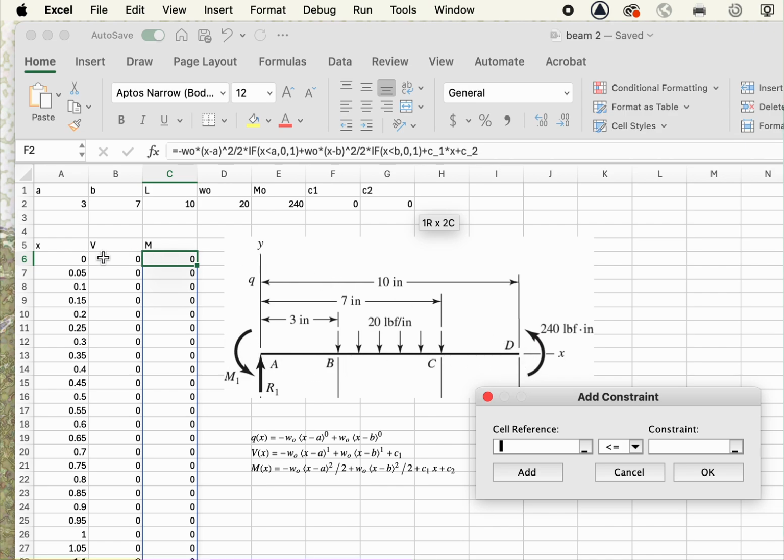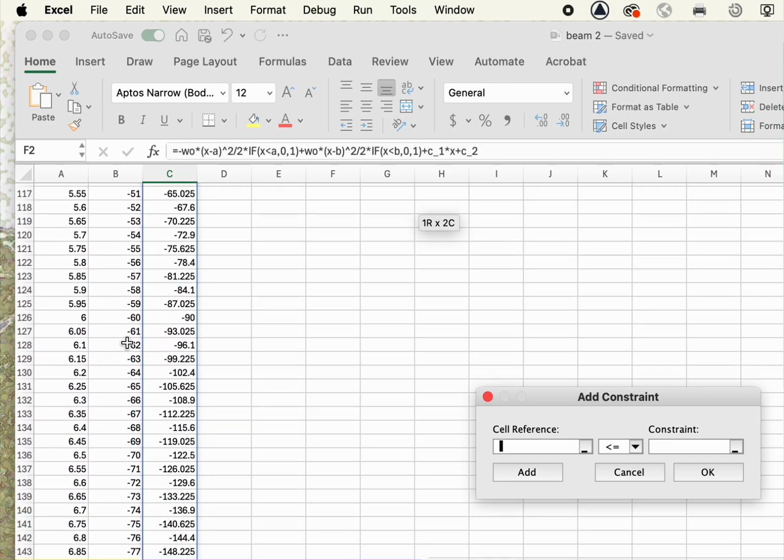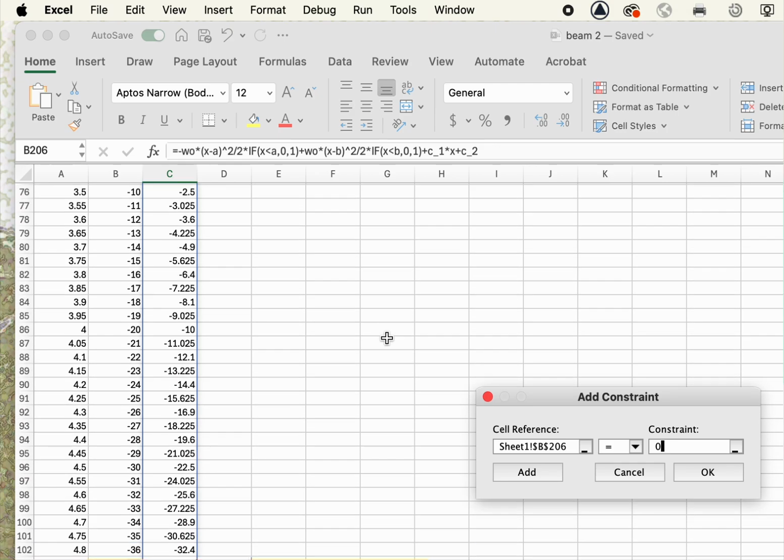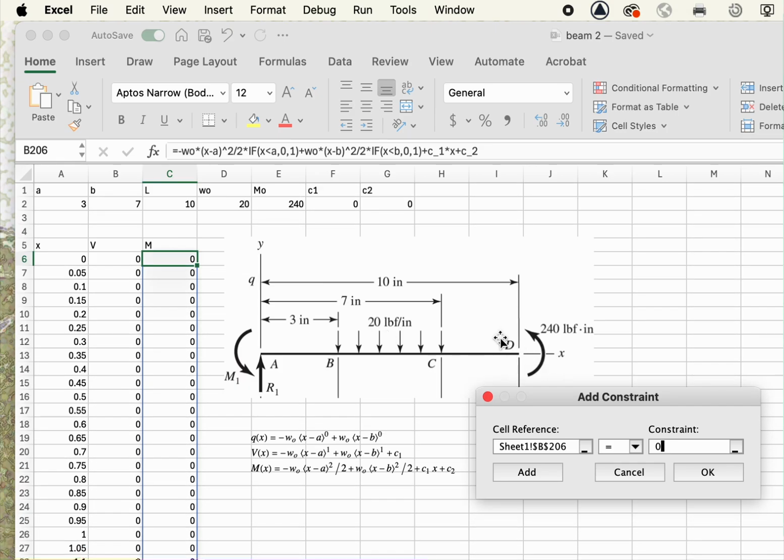So I'm going to say the shear force at L, right? So that's way down here now. So this guy right here better be equal to 0 because there's no applied load at the end and no support at the end, right? There's no shear force here. And then I'm going to add a boundary condition that the bending moment at the end is positive M naught.